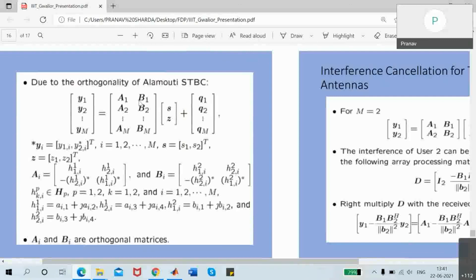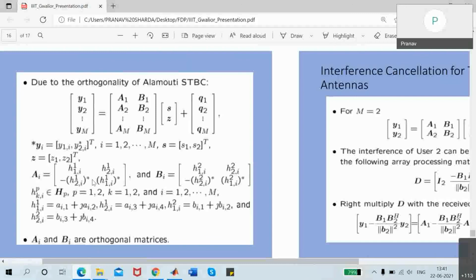Further, we define some matrices Ai and Bi, which take into account the values of channel coefficients corresponding to user 1 and user 2. The matrices Ai and Bi are orthogonal in nature.